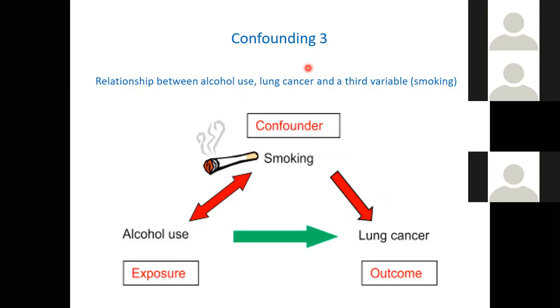So the confounder is not an intermediate step. It's not as if the relationship between the confounder and the exposure is that the exposure leads to the confounder, and that confounder now leads to the outcome. If that is the case, it's part of the causal pathway, where one thing leads to this and that leads to this.